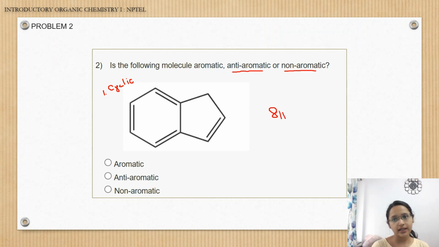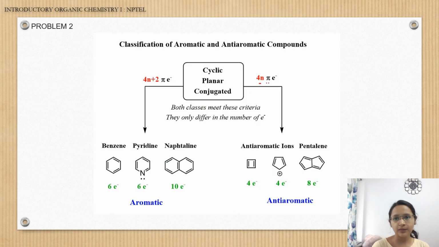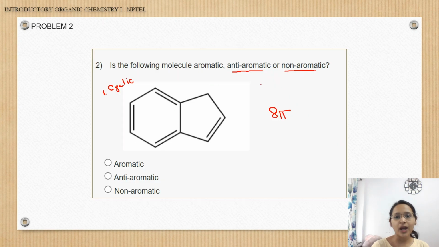So it has 8 pi electrons. If you are saying that these 8 pi electrons mean that it is anti-aromatic, it is obeying the 4n pi electron rule, but now you have to see another criterion as well. Is this compound conjugated?